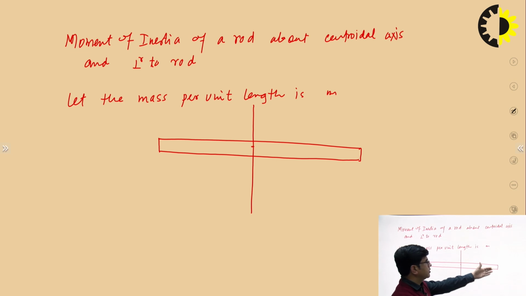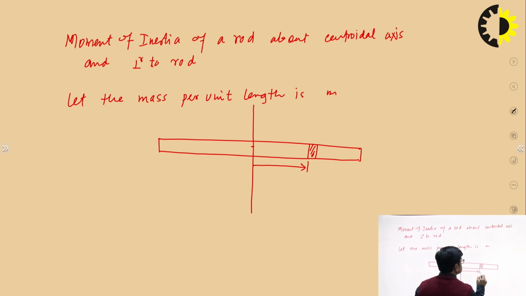Yeah, perpendicular to the rod. Considering an elemental mass at a distance x from this vertical axis, and the length of this element is say dx.